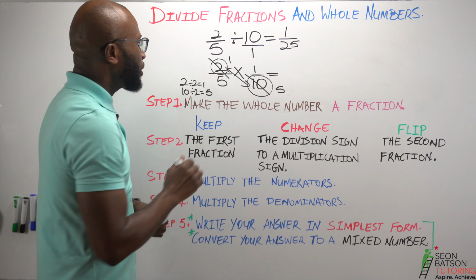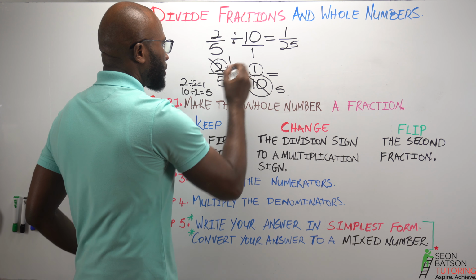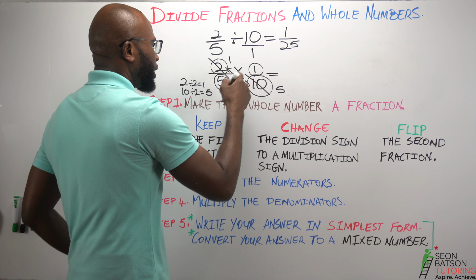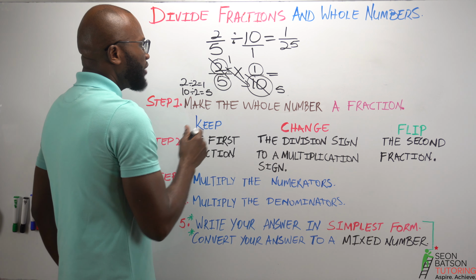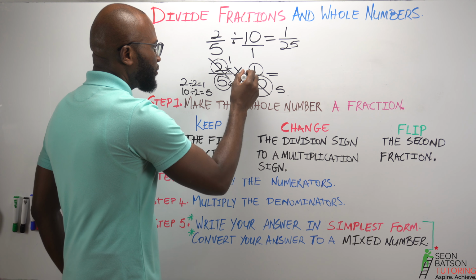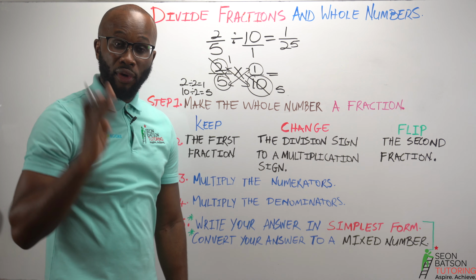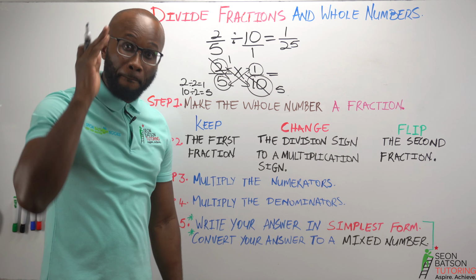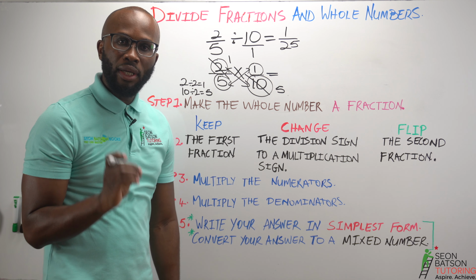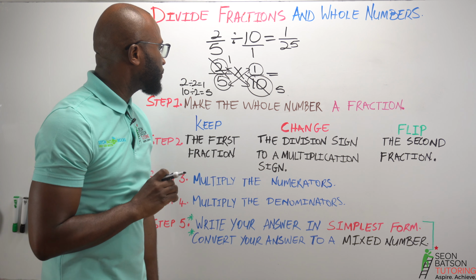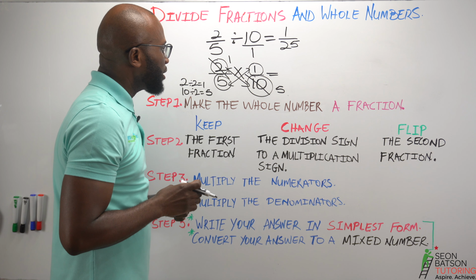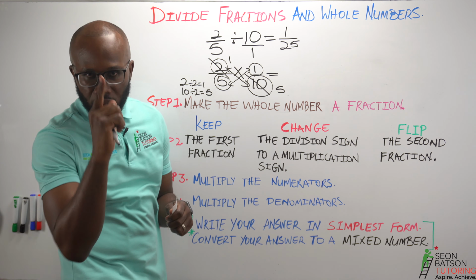Yes? Now, what about this pair here? What about this numerator and this denominator? If we want to simplify this 1 and the 5, we will have to divide 1 and 5 by the greatest common factor, or by the biggest number that can go into 1 and 5 evenly. Well, the greatest common factor for 1 and 5 is 1.